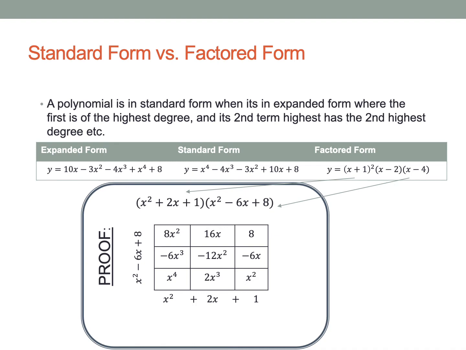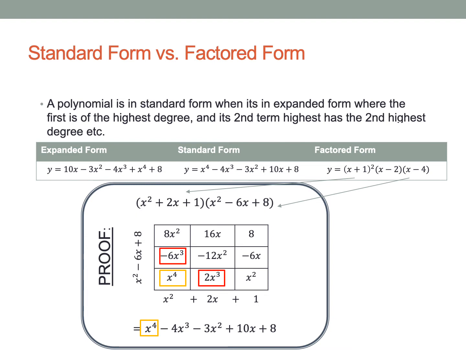Okay, so then if you add up all the like terms, you get this function, x to the fourth minus 4x cubed minus 3x squared plus 10x plus 8. So now you can see the factored form is the same as the standard form. You just highlight the like terms. There's the x to the fourth.